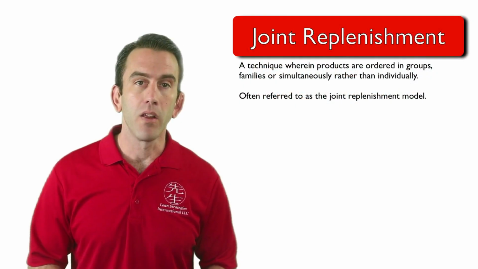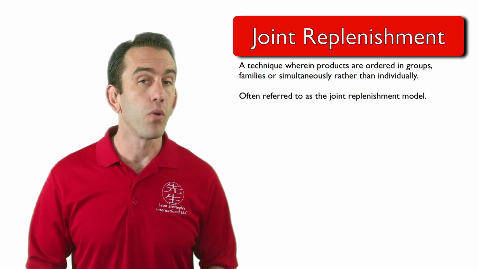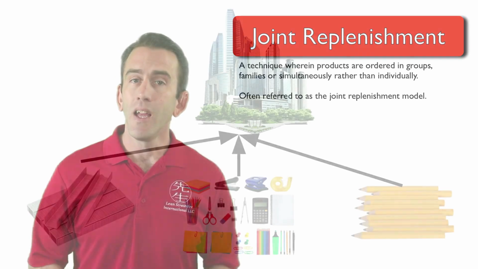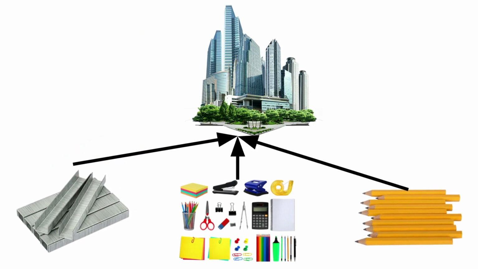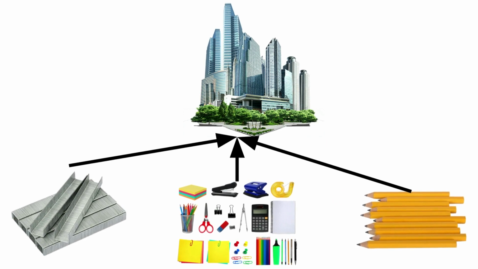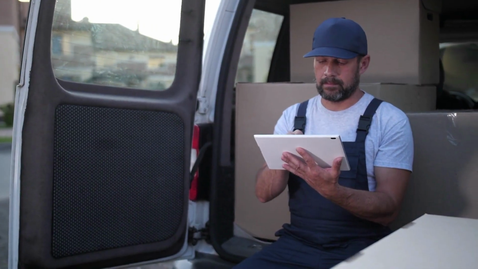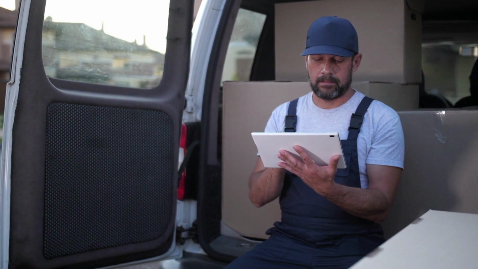Joint replenishment is often referred to as the joint replenishment model. In the joint replenishment model, several items are ordered from a single supplier, and several products share the same means of transportation.